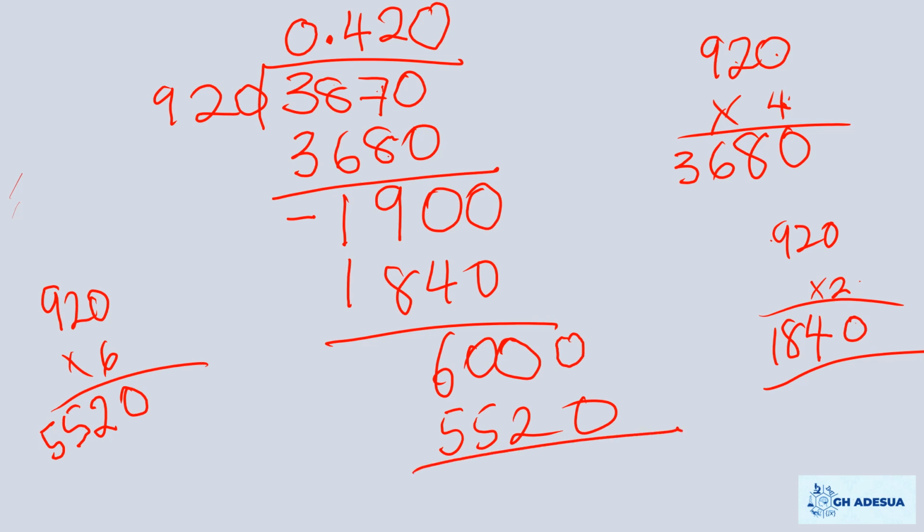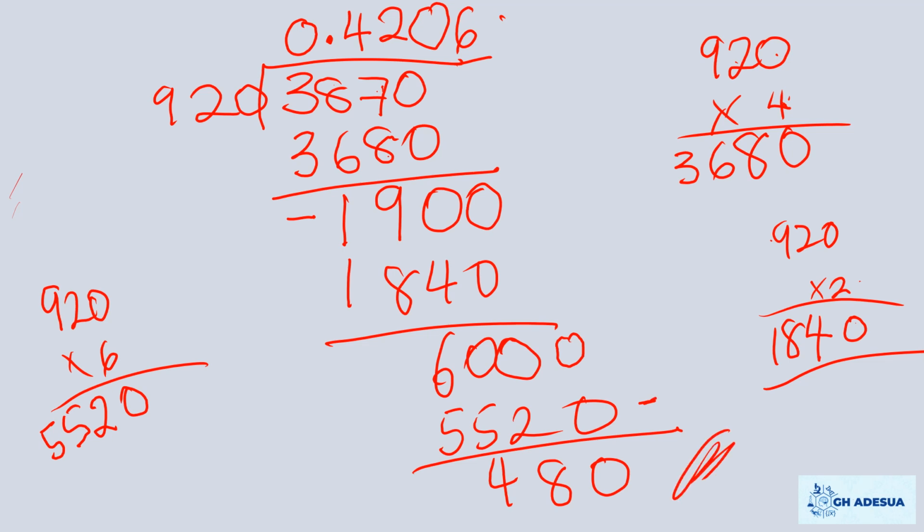When you subtract, what do you get? 0, 8, 4, right? 480. So how many times did it go into it? 6, right? So 920 times 6 is 5520.